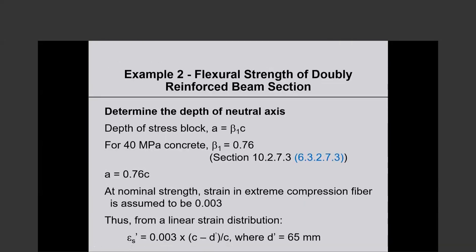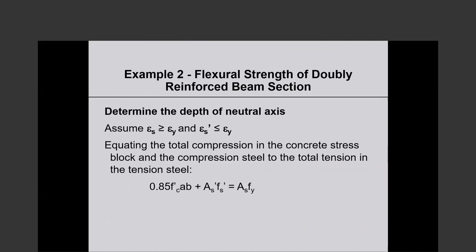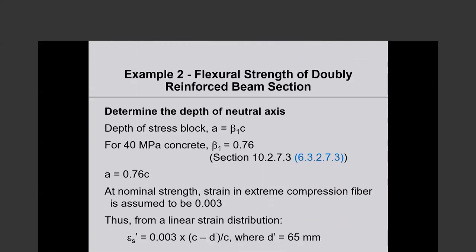Equating, we find the stress block depth, which will give us also the neutral axis depth. Okay, so determine the depth of neutral axis. Depth of stress block is beta sub 1 times the neutral axis depth. For 40 MPa concrete, we already established beta sub 1 is 0.76. So the stress block depth is 76% of the neutral axis depth in our case.